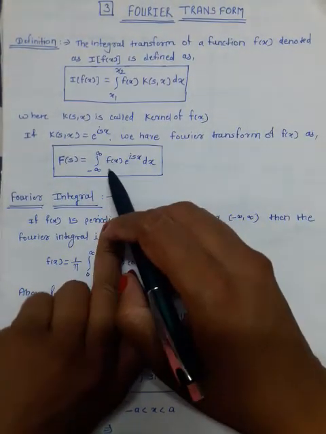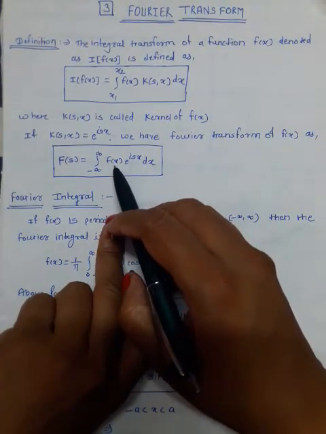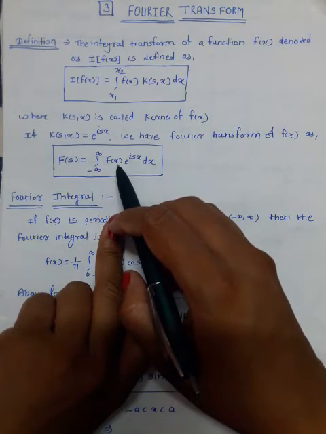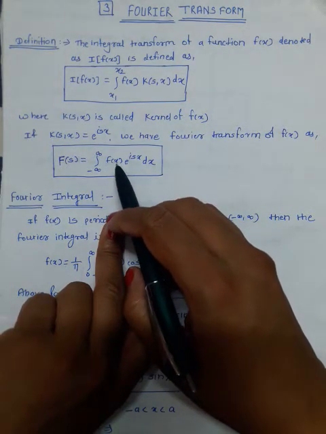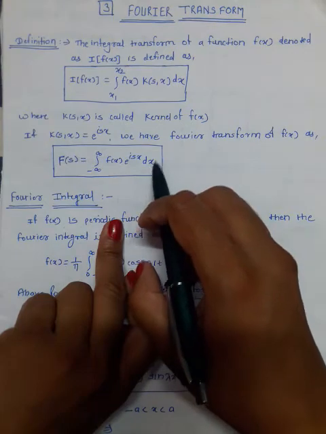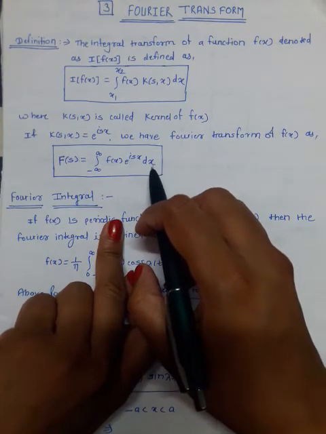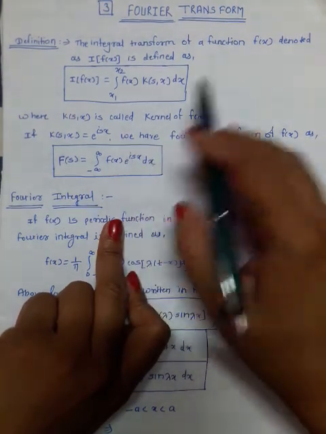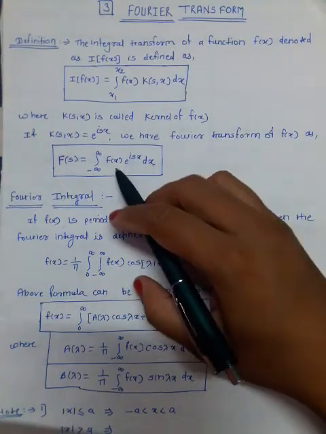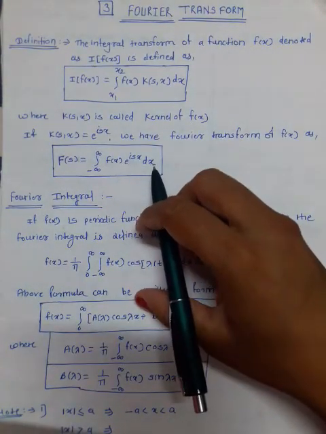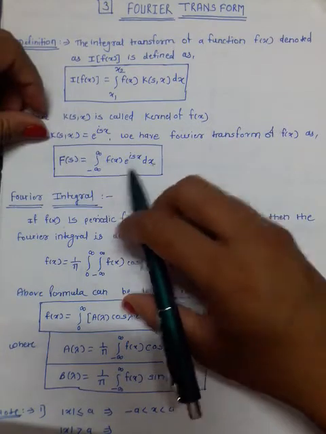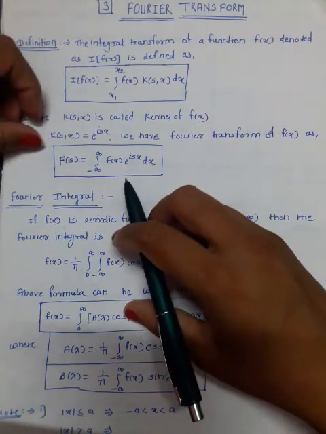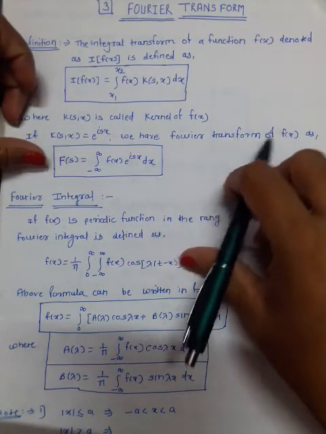Remember that whichever variable is attached to the exponential, we have to take that variable in the integral. With respect to which variable is very important throughout the chapter. Here x, here also it should be x. This is the basic formula for the Fourier transform of function f(x).